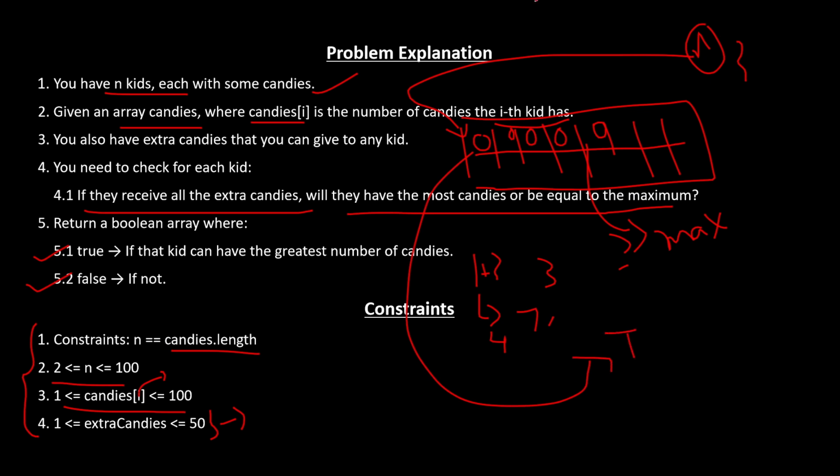If I summarize the question more simply, you have an array of n kids, each kid has x candies, and out of those, one kid has the maximum candy, take it as x plus 1, and you have been given extra candy y. If you keep on adding y to each and every kid's candies, does it equal or get greater than the x plus 1, the kid with maximum candy?